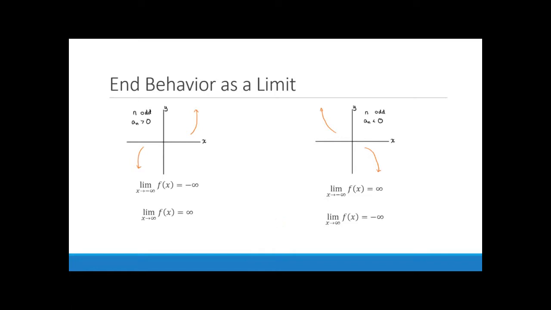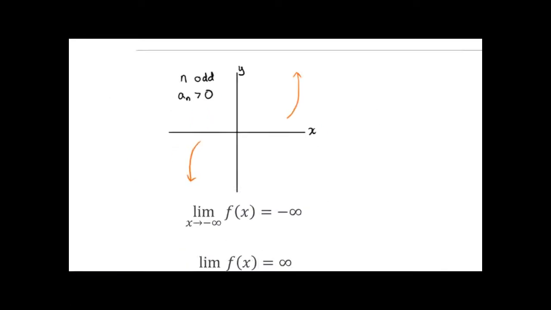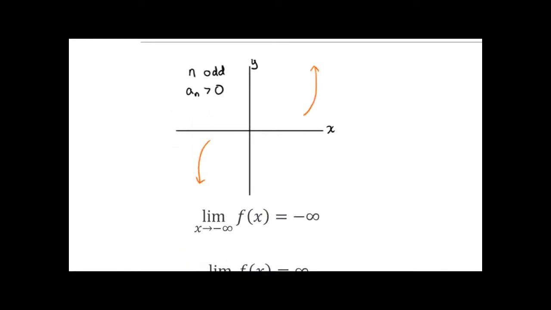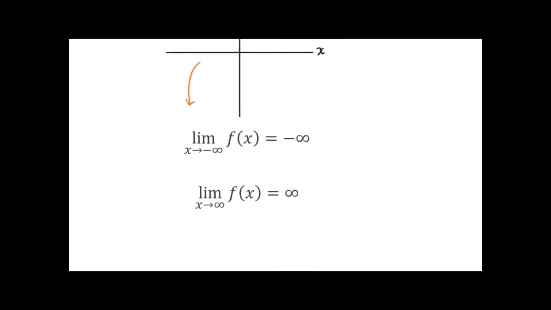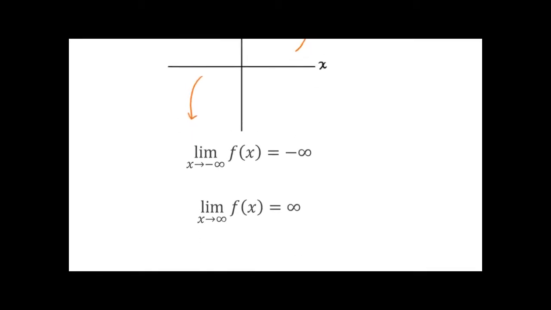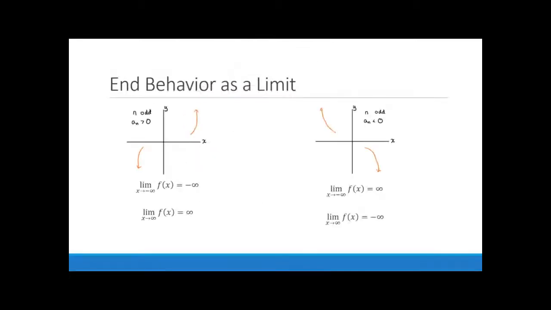Now you have notation. So if I start with one that's odd, and the coefficient is positive, then we would say the limit as x goes to negative infinity. So that's as we're going to the left side here, towards the negative numbers, my graph itself gets more negative, so that's going towards negative infinity.